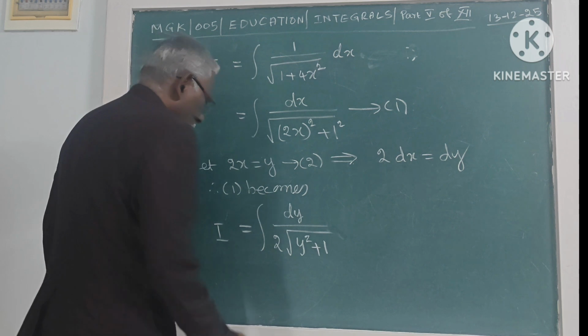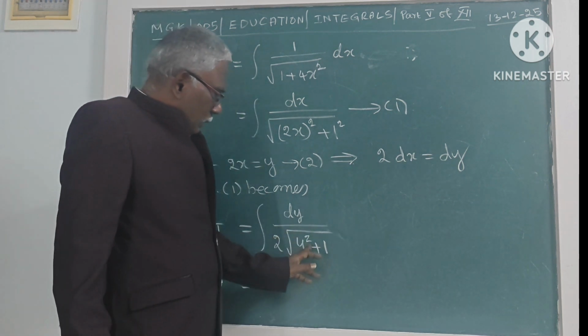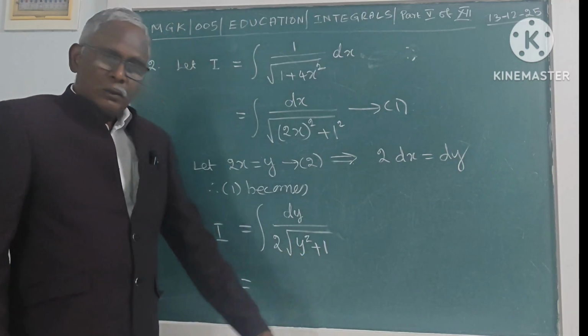What is the formula? Integral dx by square root of x square plus a square.